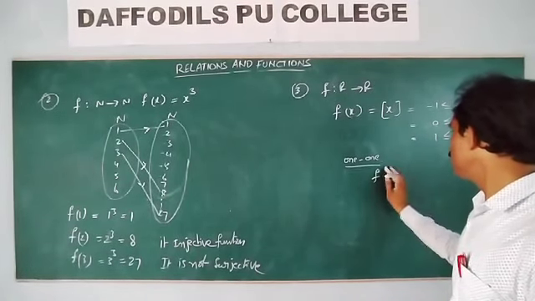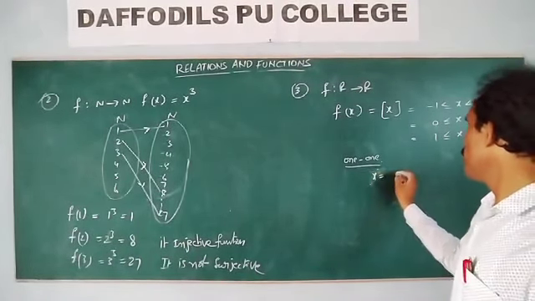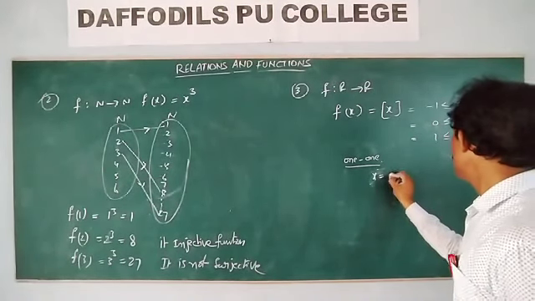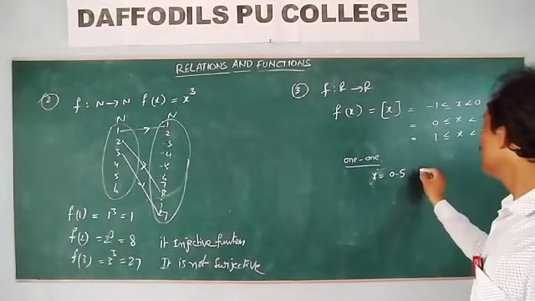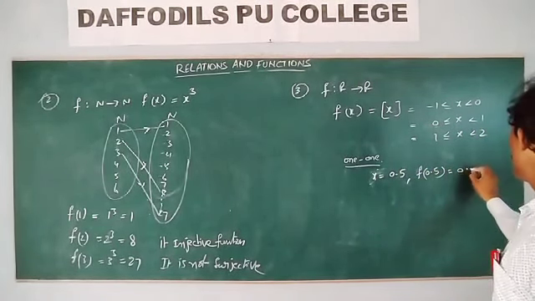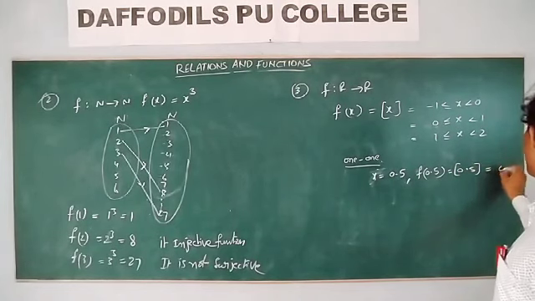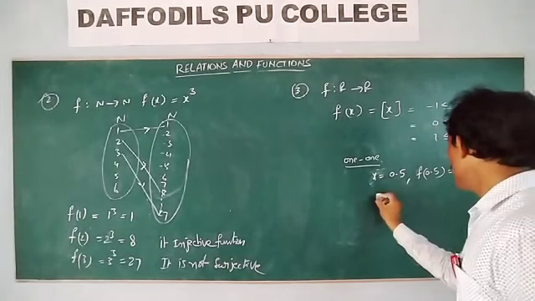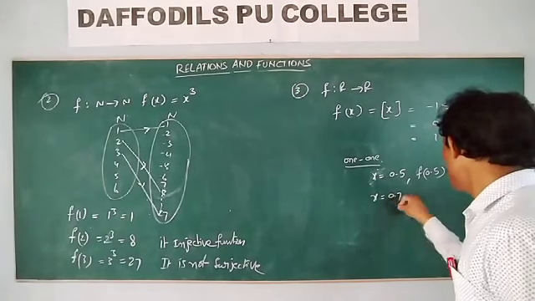Okay. For example, take x as real numbers, take 0.5. F of 0.5 is step x equal to 0, between 0 and 1. Right. Take one more, 0.7.